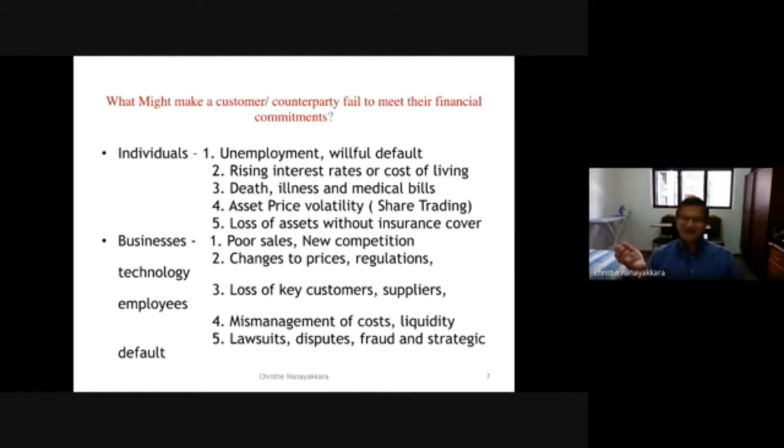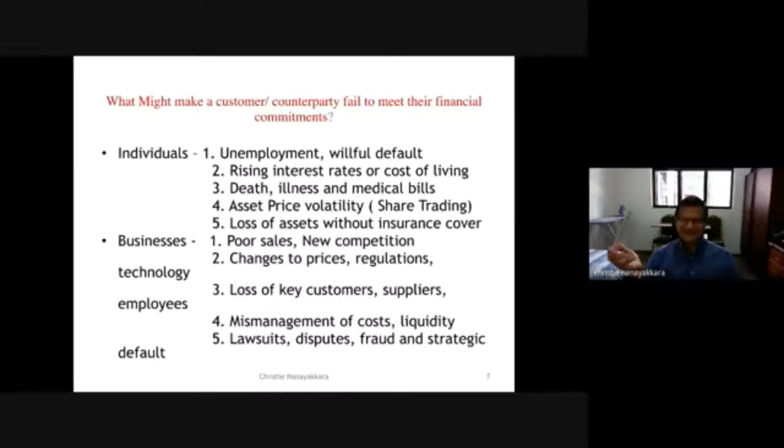You need to live in order to pay. So you will give priority to food and other safety needs, and during high interest rates you are unable to pay your loan commitment. That also amounts to credit risk.